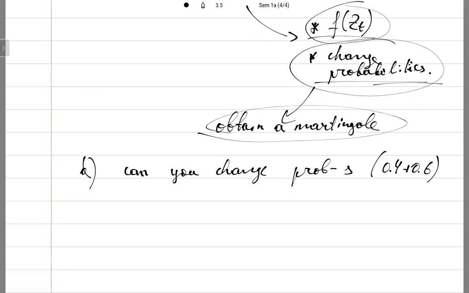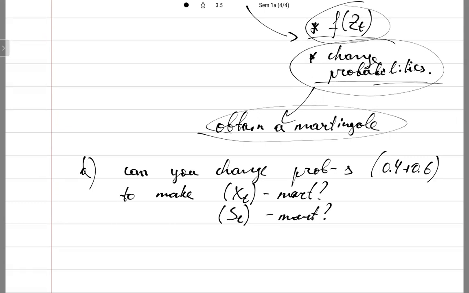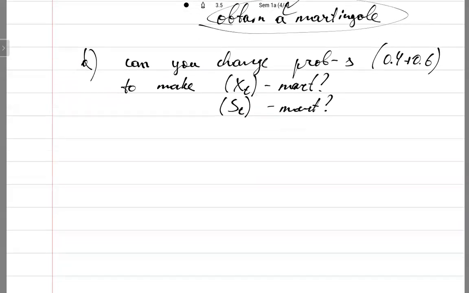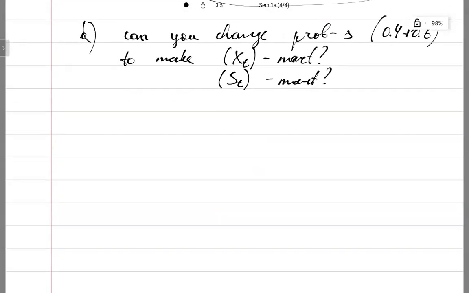So propose new probabilities to make XT a martingale, or propose new probabilities to make ST a martingale. So that is the question.